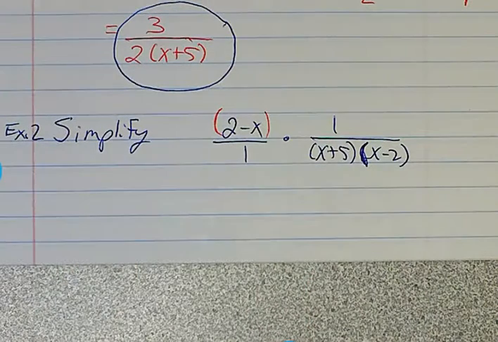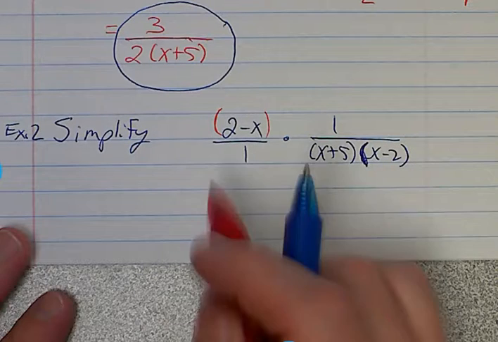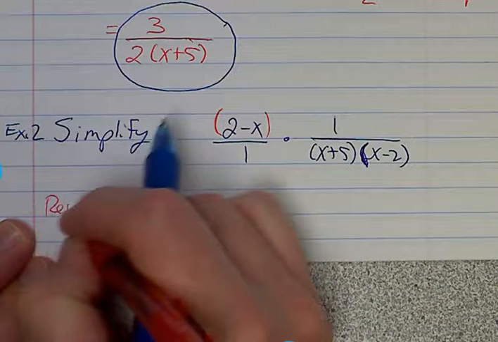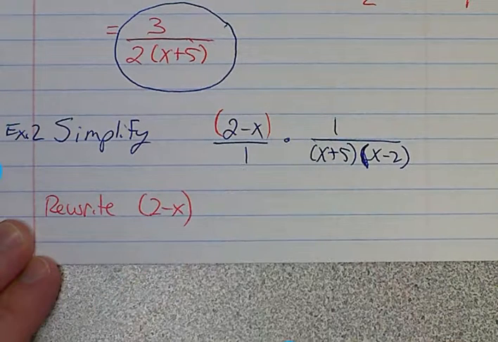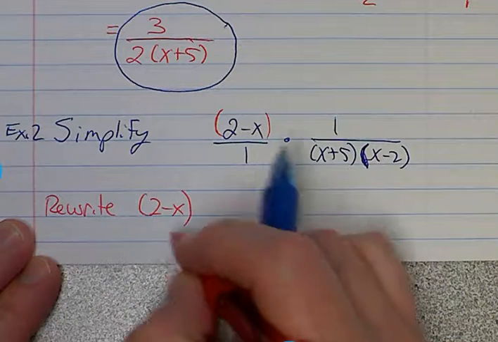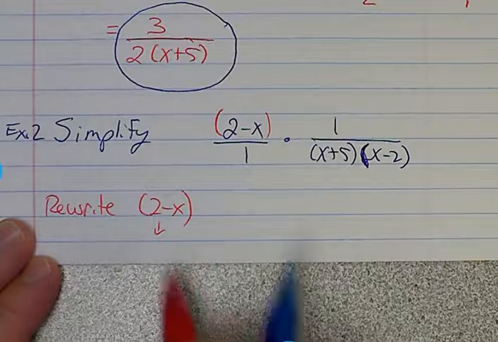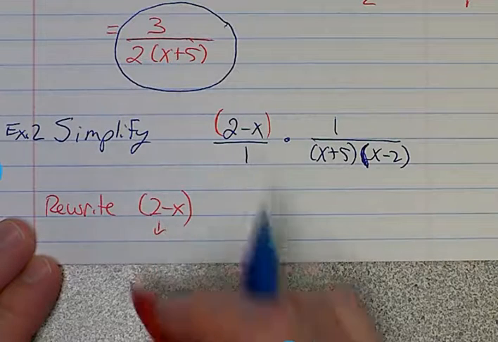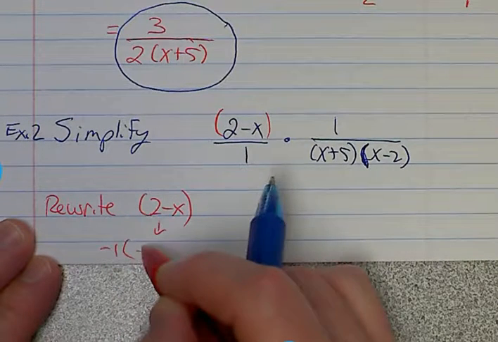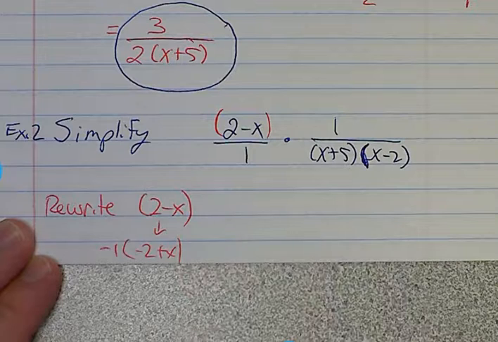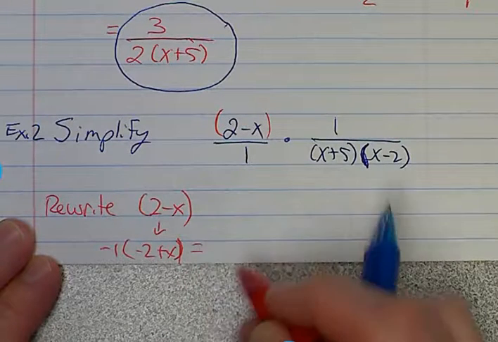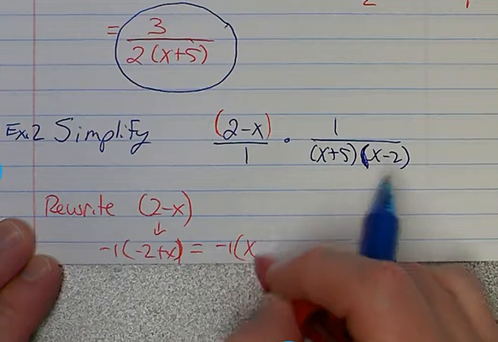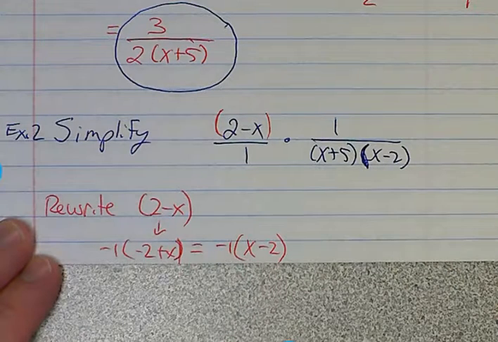So remember, if you have the right numbers but the wrong signs, this is where you can rewrite 2 minus x. Basically you're going to factor out a negative 1, so you can make that negative 2 plus x, and then rearrange it so you can make it -1 times x minus 2, putting the x first and the -2 second.